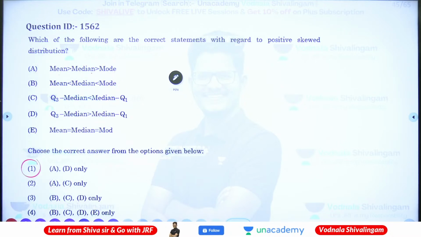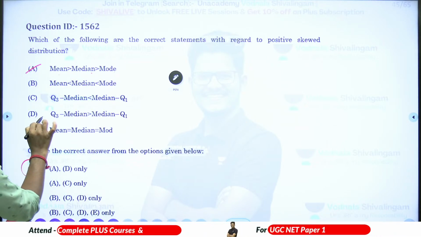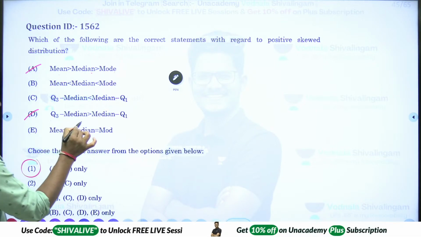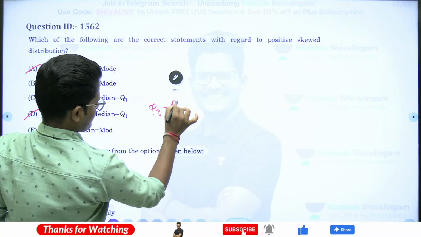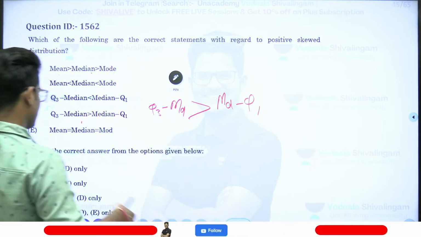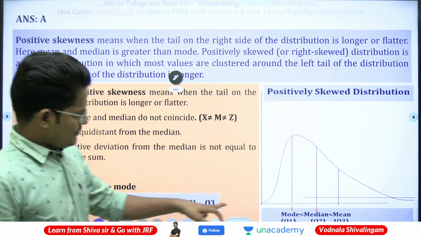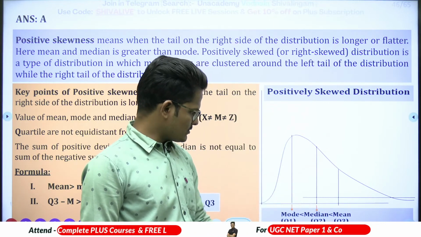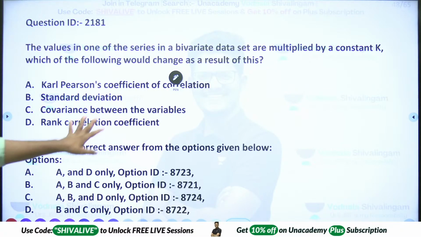A: mean more than median more than mode. D: Q3 minus median more than median minus Q1. This is Q3 minus median more than median minus Q1, the first quartile and third quartile differences. This is mode, this is median, this is mean. So mean is more than the median, then the mode. That is Q3, Q2, Q1. Next, last shift questions.